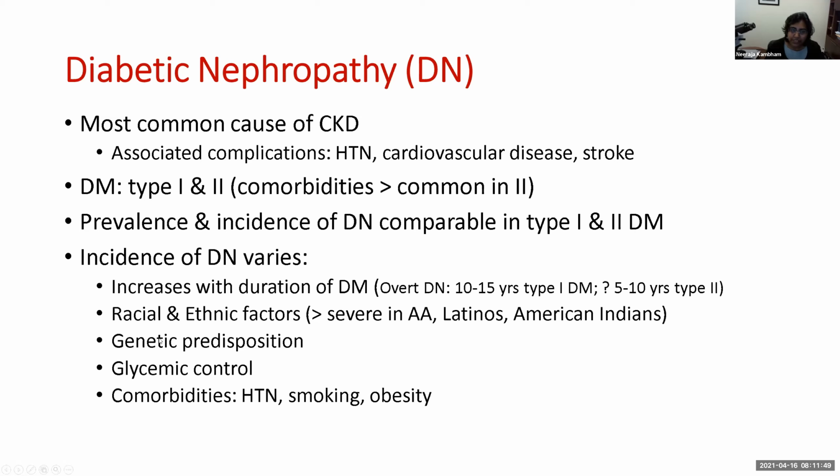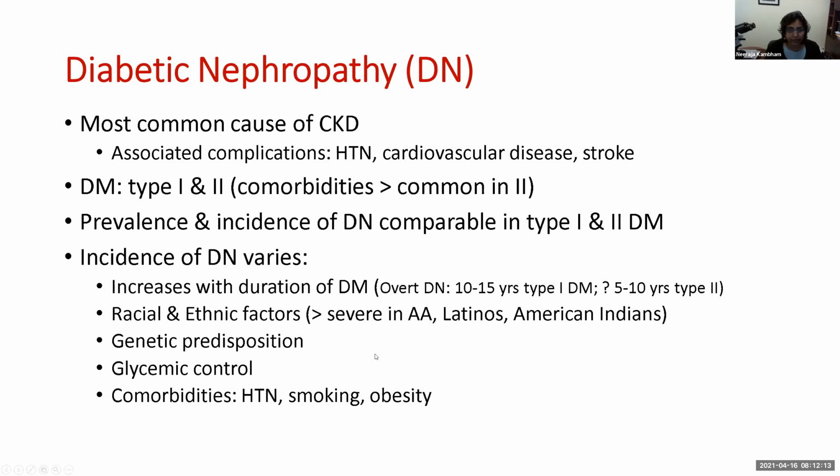There are also some racial and ethnic factors. Clearly, diabetic nephropathy is more severe, and the progression is faster, in African American patients, Latinos, and American Indians. In African Americans, some of the progression may be related to ApoL1 genotype. Again, we won't discuss all that.